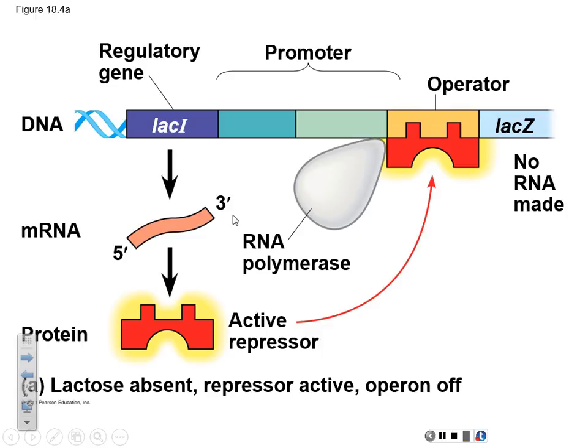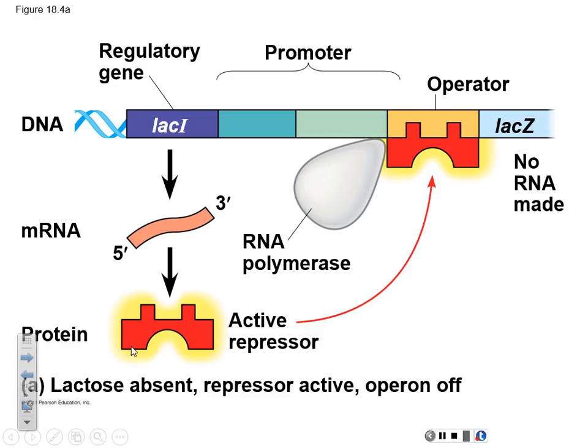It responds because ultimately there is a protein coded for by a different gene, the LAC-I gene. So there's 4 genes involved in lactose metabolism, the 3 that actually do the work, and the one that sort of controls the expression of the operon. There's a gene called LAC-I that codes for a protein called PLAC-I, or if you want, you can call it the LAC-I repressor.